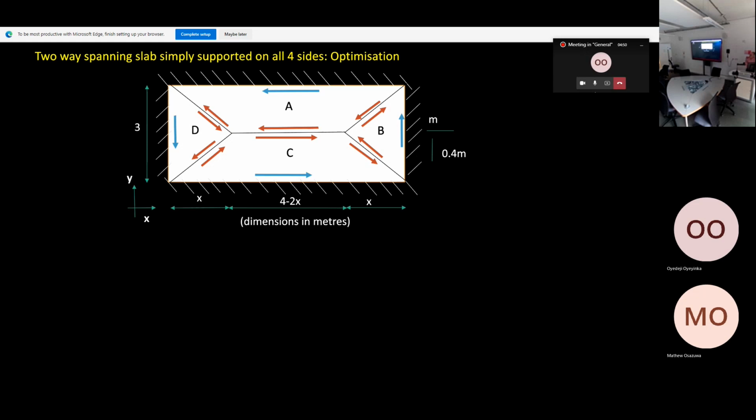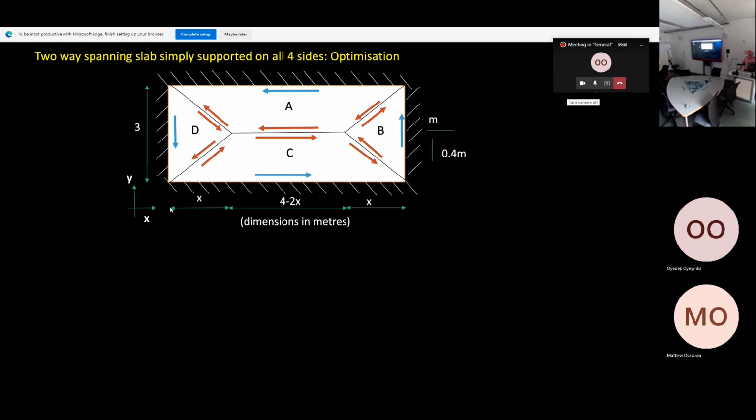The difference between this example and last week's example is that in this case we assume a typical yield line pattern, but we don't know where the yield line starts.